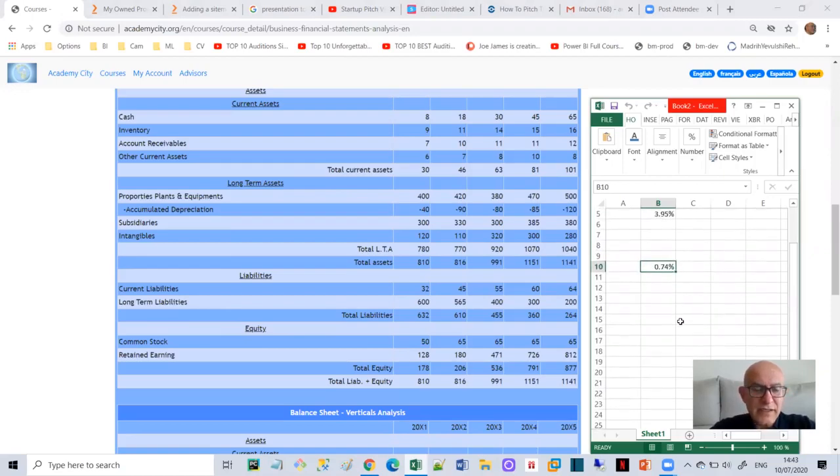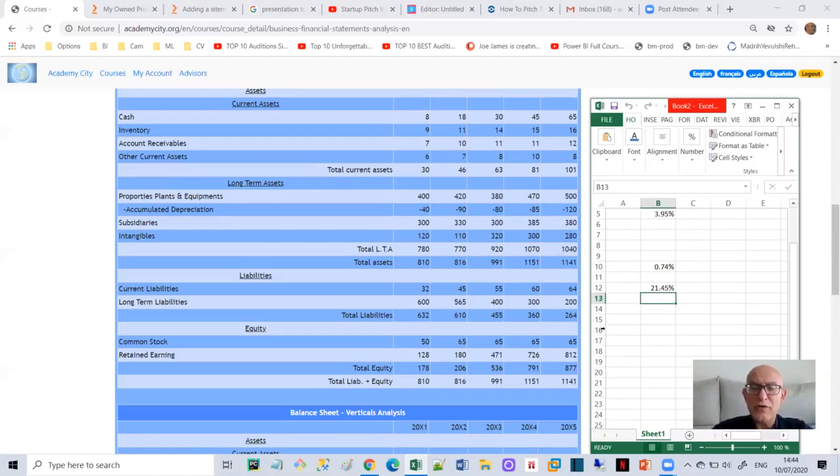I'll just copy it so I will have the formatting as well, and I just change the numbers. This time I want to subtract 816 from 991, and then I divide everything by 816. That gave me the percentage change.